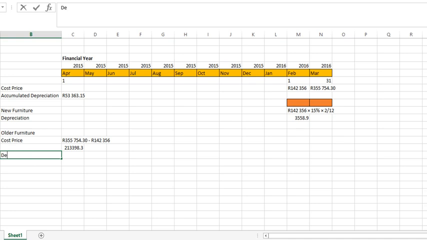So that's going to be our cost price. Our depreciation will then be 213,398 and 50 cents multiplied by 15%, multiplied by 12 out of 12 months, because we own it for 12 out of 12 months.